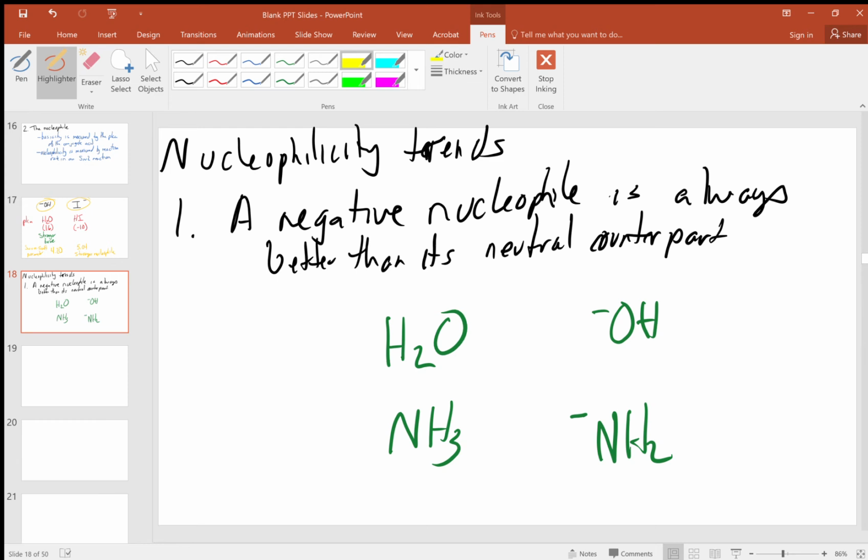What we're saying in a case like this, where we go from a neutral compound to its anion, is that the negative, or the anion, will always be the better nucleophile.